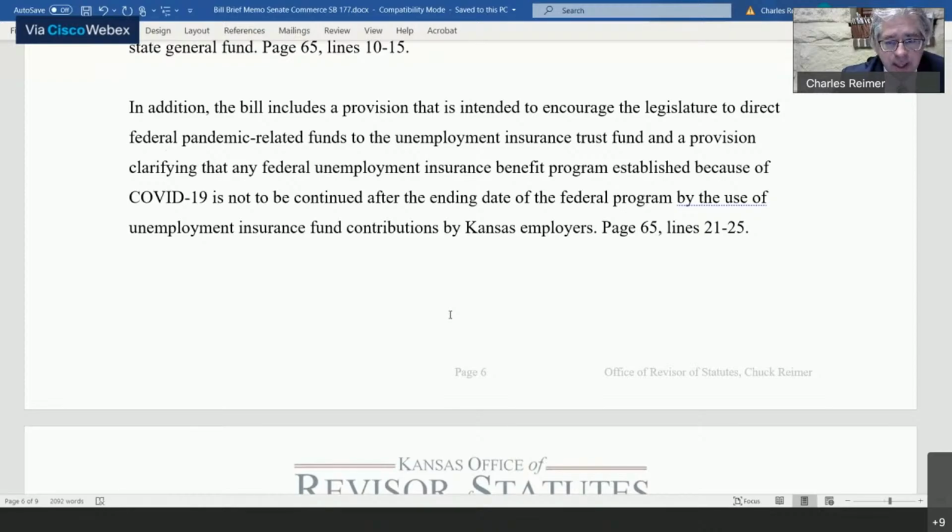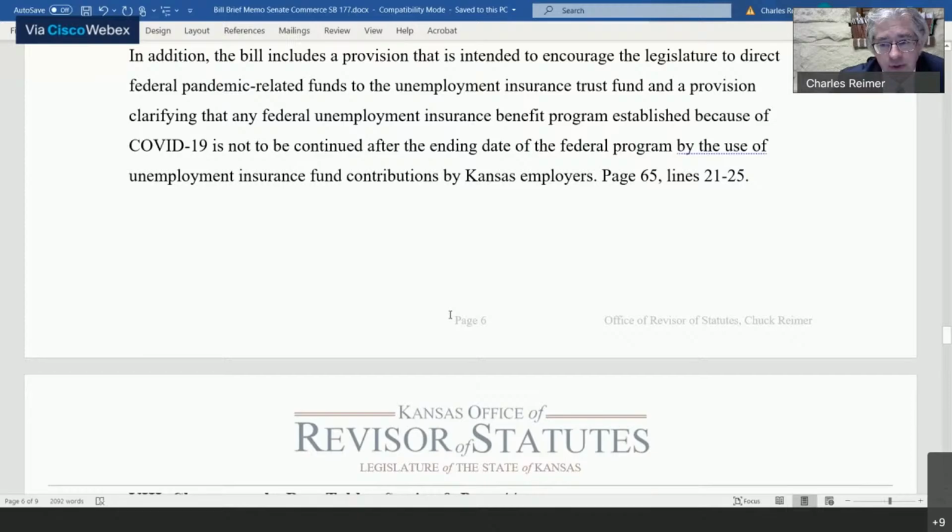There's also a provision that UI benefit programs that are established by the federal government because of COVID-19 are not to be continued after the ending date by the use of UI fund contributions by Kansas employers. So no continuation of federal programs with state money.